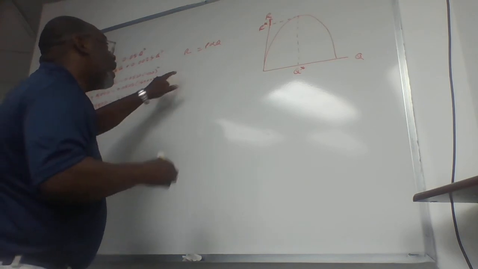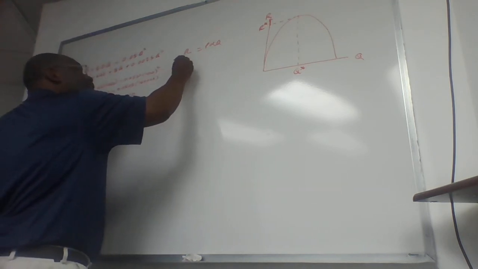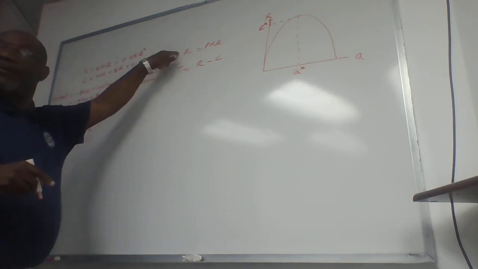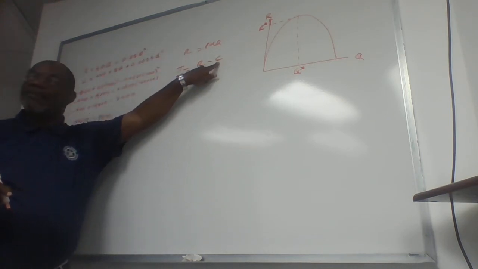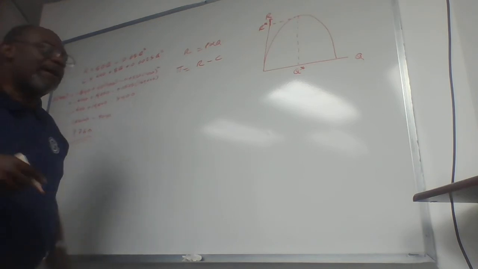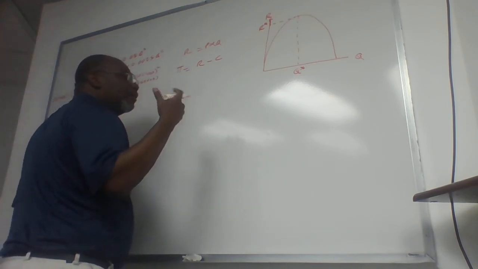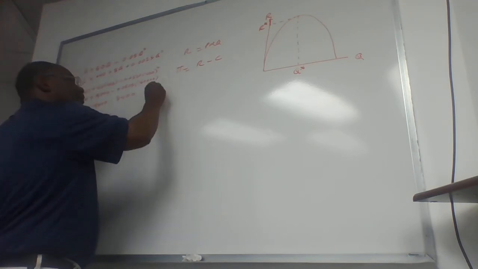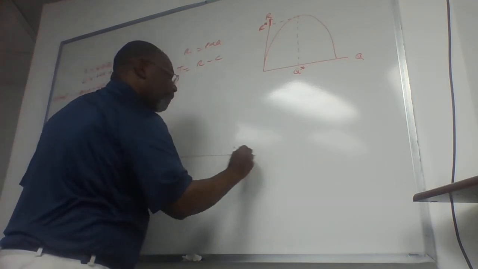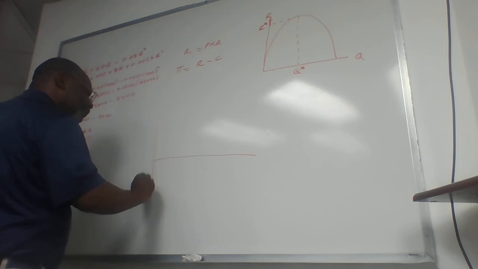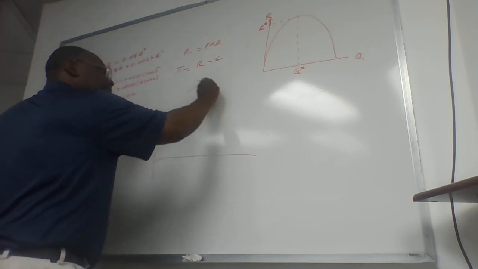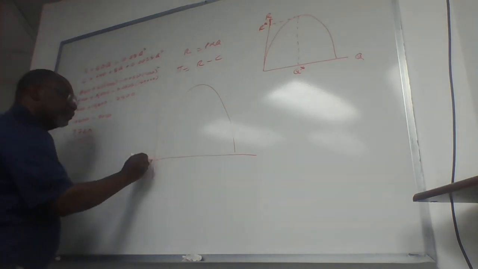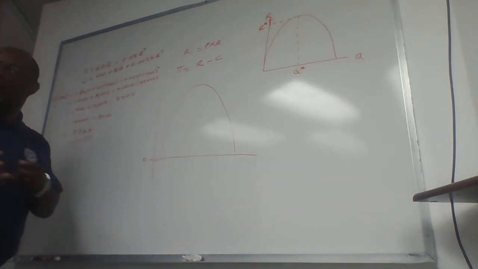On the other hand, our profit is our revenue minus cost. We can get the revenue from this, and the cost someone will have to give to us. Usually it's based on our production. If we were to graph our profit, it will look similar to that, except it has this amount below zero, because you have your fixed cost you start with.